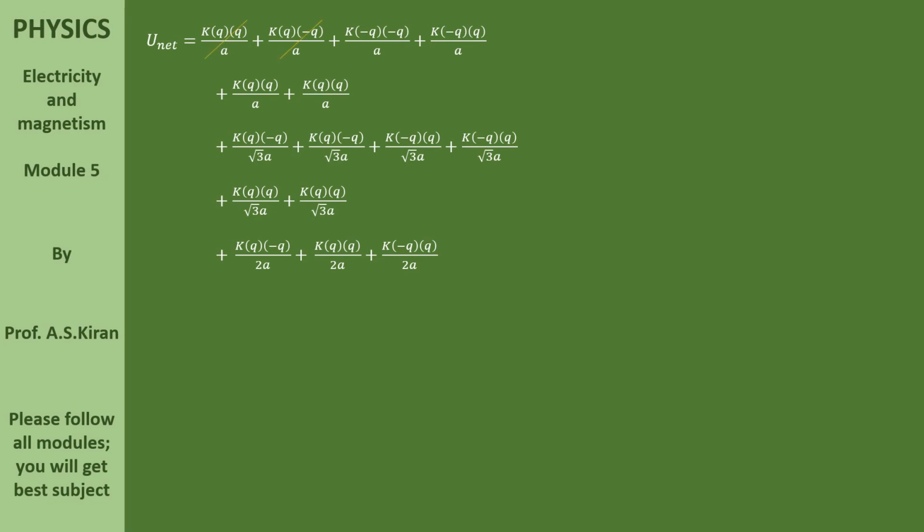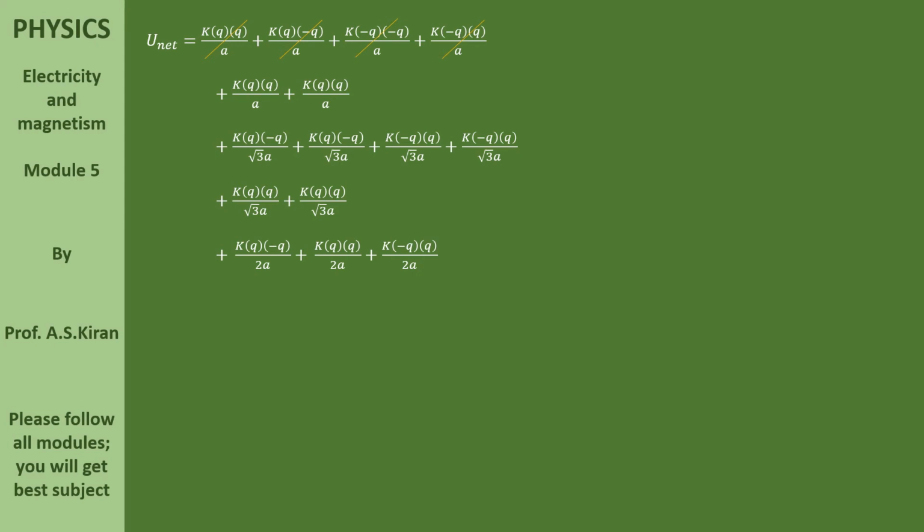Minus Q into minus Q, you will get plus. Here only one minus is there. So there is a positive term and a negative term. Those two terms will get cancelled. So two terms remain here.